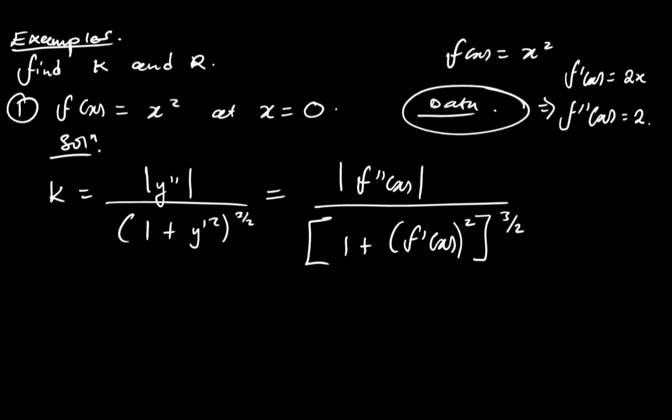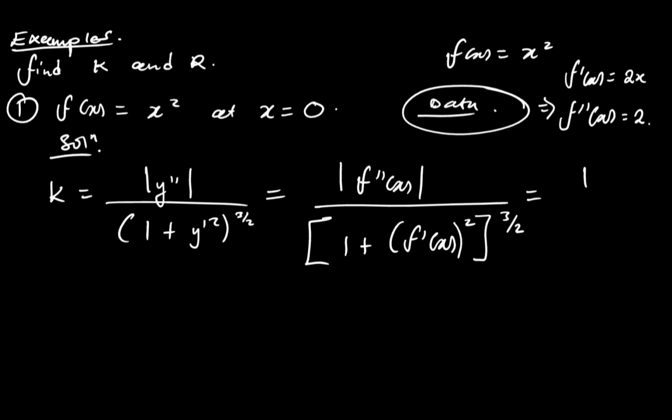Therefore, if we try and find the value of f prime prime at x, of which x is 0, then f prime prime will basically just be 2. Since we need to find the top and the bottom, let's start with the top. f prime prime at x has no x term, it's just a constant, so we'll just maintain it as 2.